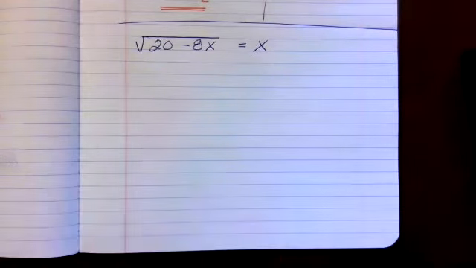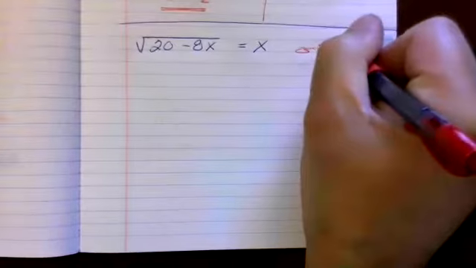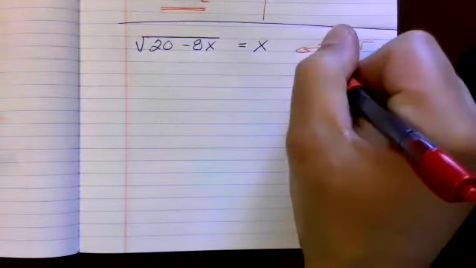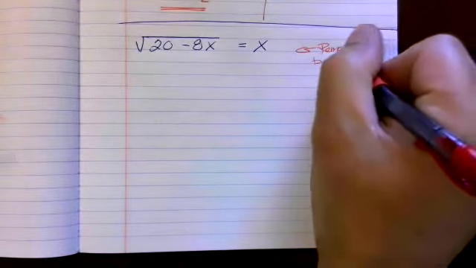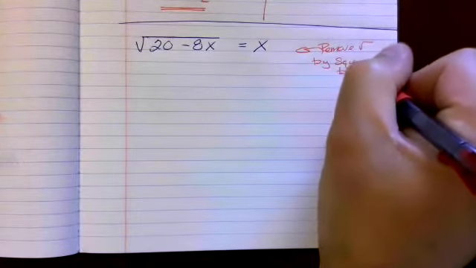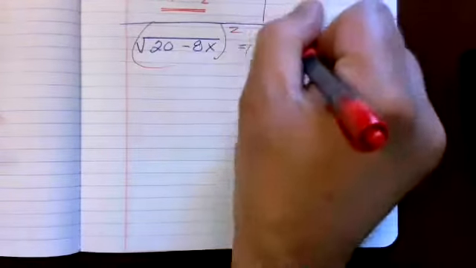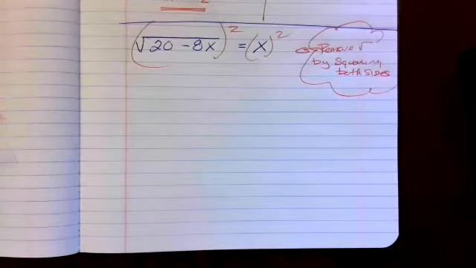We square it. So the first step here, remove radical by squaring both sides. So I'm going to square this side and square that side.